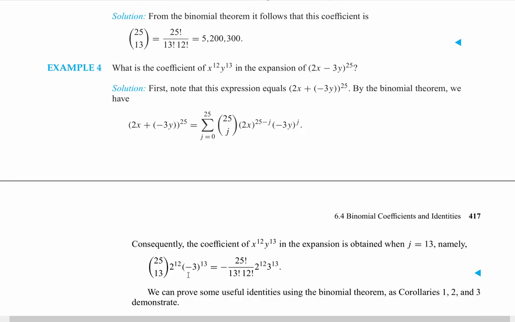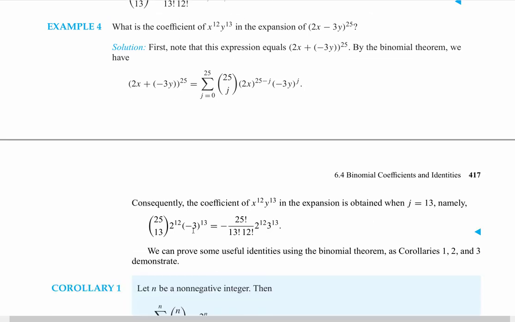And instead of y, we have negative 3y, so we're going to get a negative 3 to the power 13. That's an odd power of a negative number, so that makes the whole thing negative. Maybe it's easier just to leave it like this. So this is the answer. You could get a very big number out of this since these powers are so big.